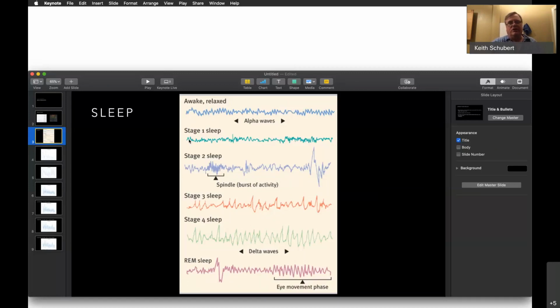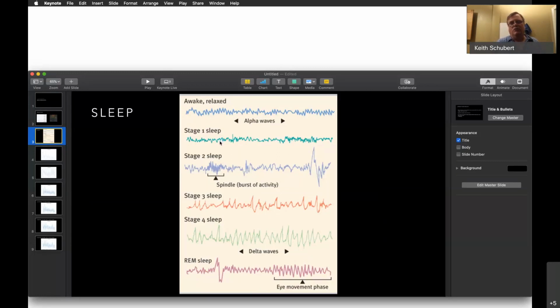You'll see right here stage 1 sleep. Notice that frequency-wise it's kind of similar. But what you'll notice are some sparks in between, where there's slower wave activity.